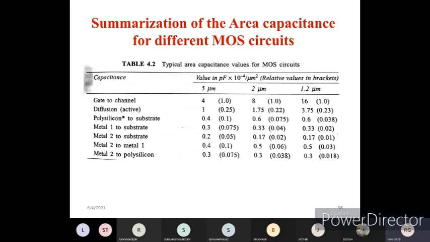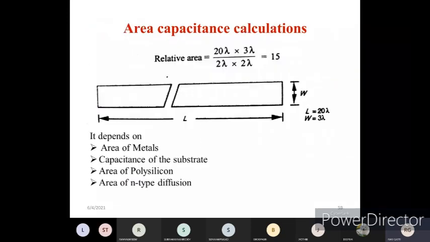Okay, so this is the area capacitance layer, and we can calculate this area capacitance by using this formula.